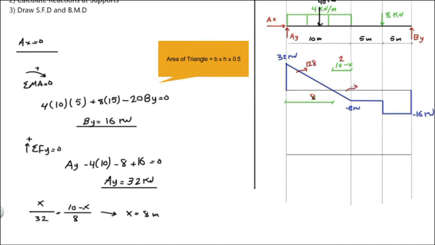And this one here is equal to minus 8. Taking this rectangle alone equals to minus 40, and this rectangle is minus 80. So what are the units here? The units here are kilonewton meter.